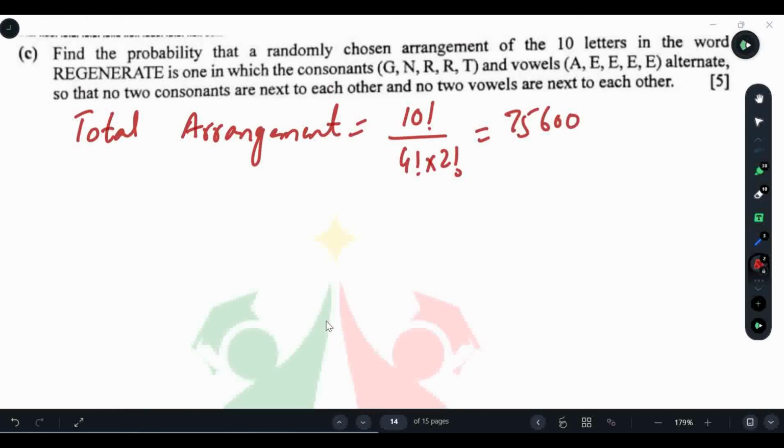Now the next thing is we need to find the number of ways to arrange the consonants.